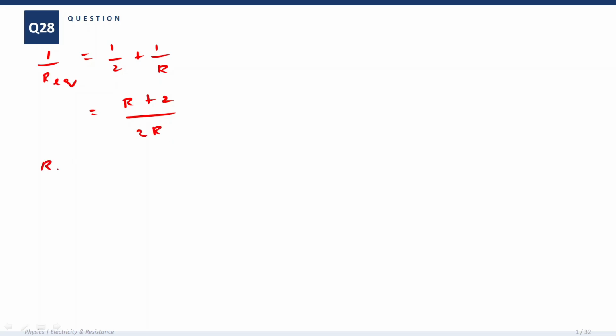R equivalent equal to 2R by R plus 2. Therefore, the total resistance I will write now. The RT is the total resistance. There are 7 ohms, 7 plus 2R by R plus 2.